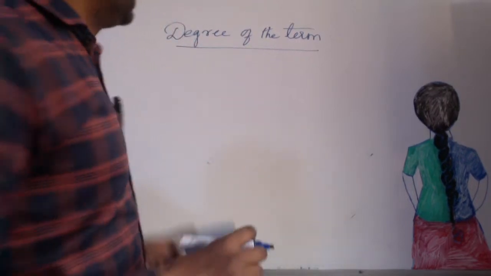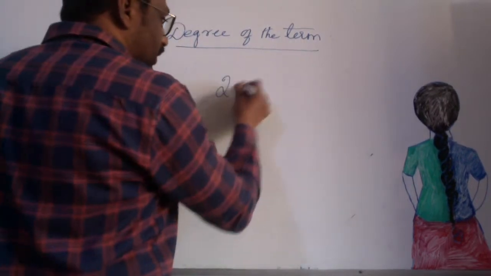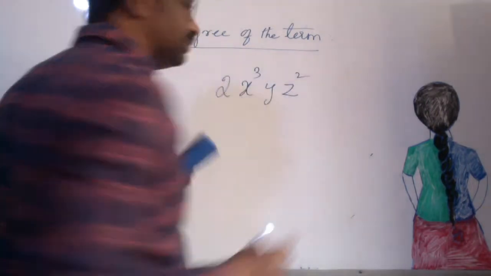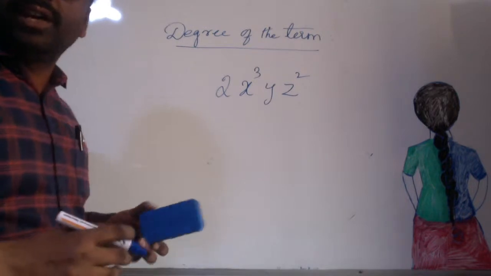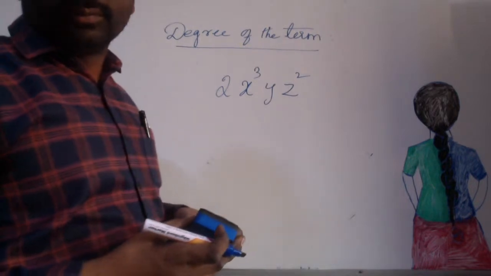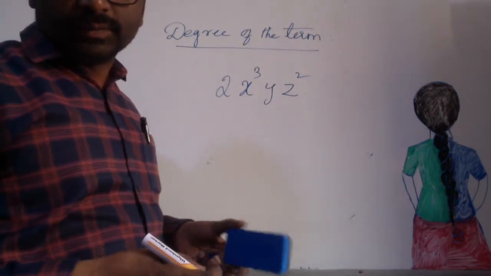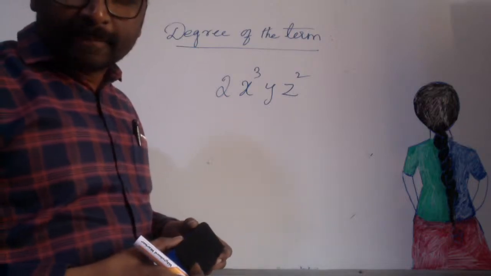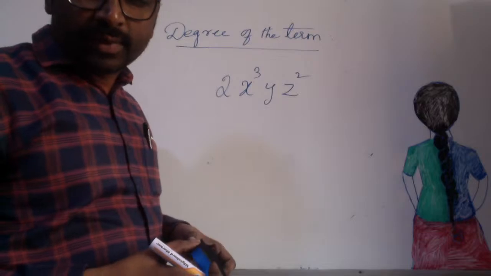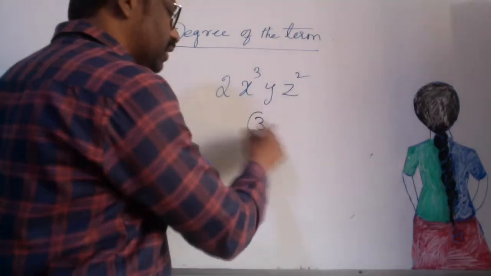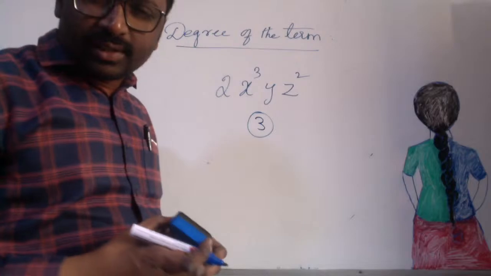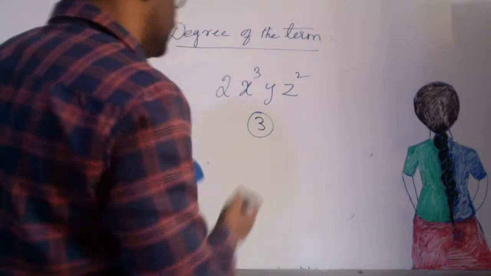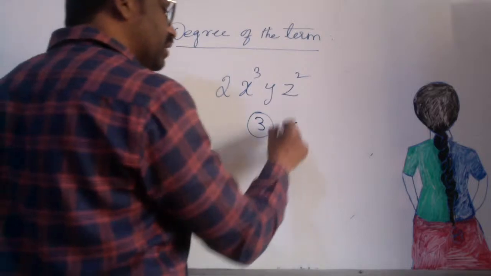Okay, right. Now suppose 2x^3yz^2. What is the degree of this term? Some answered 3. The degree of the term being 3 is a wrong answer.